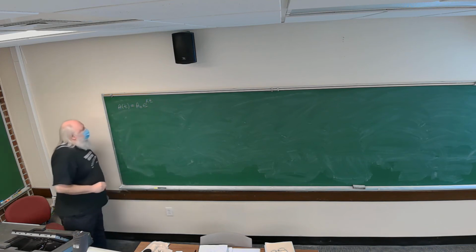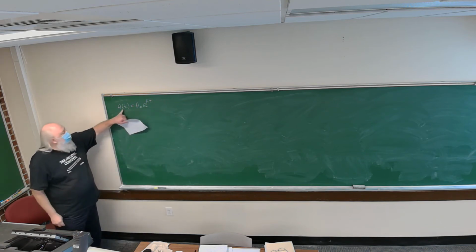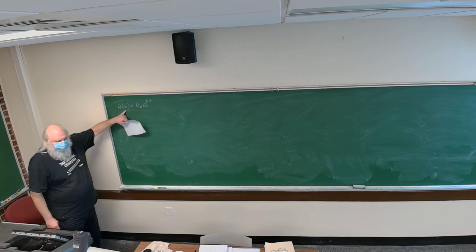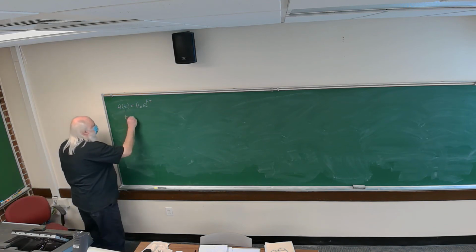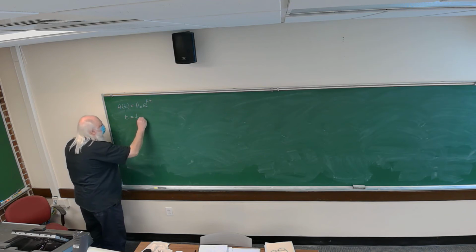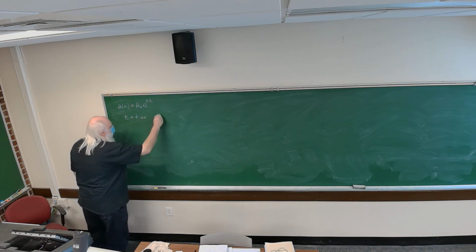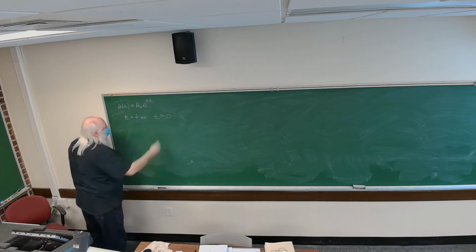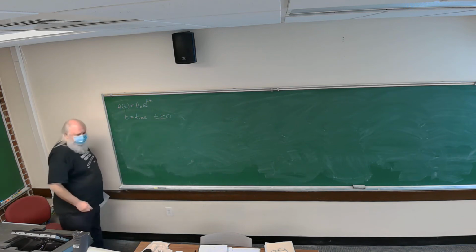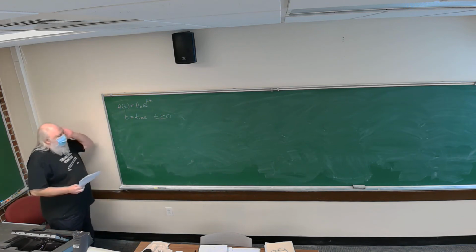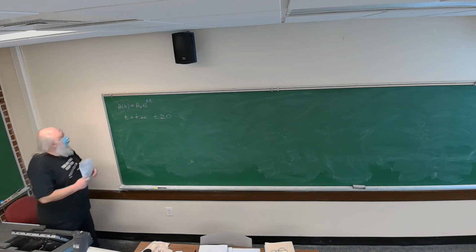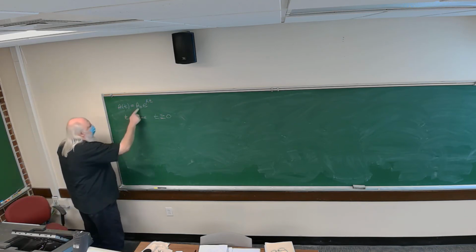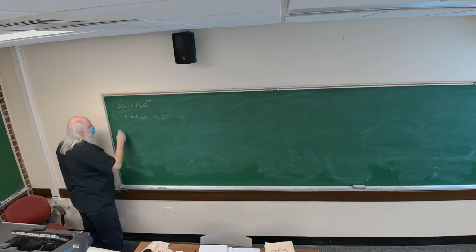So t is the input variable. t is time, and t is greater than or equal to 0. Time starts at t equals 0. And A sub 0 and k are constants.